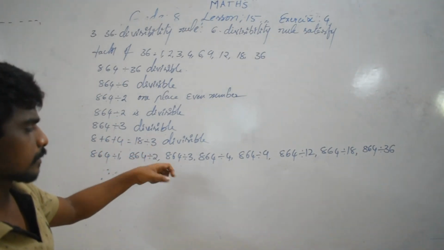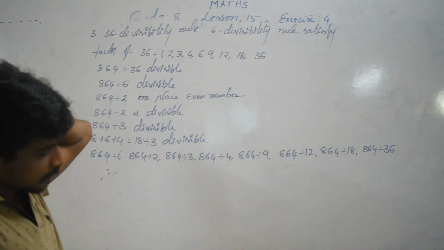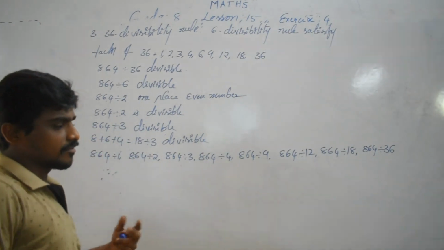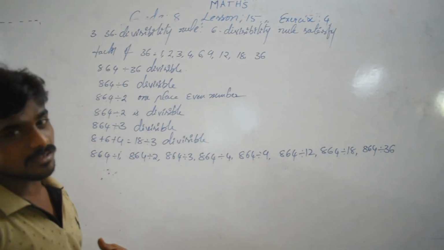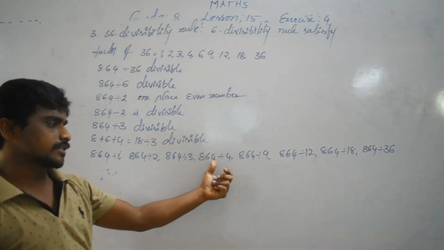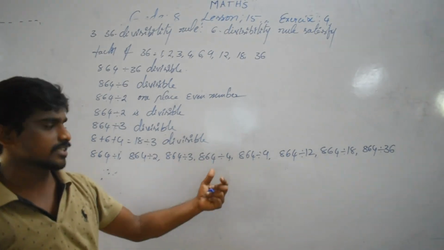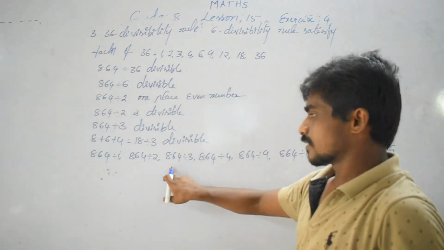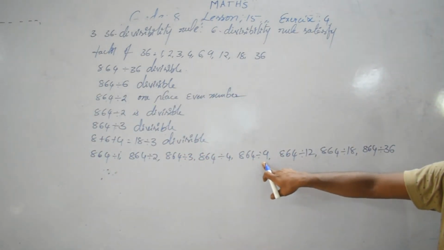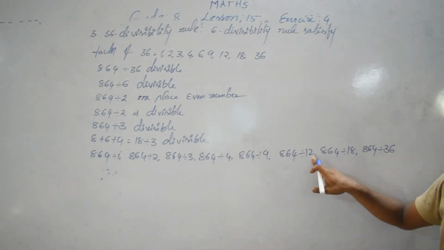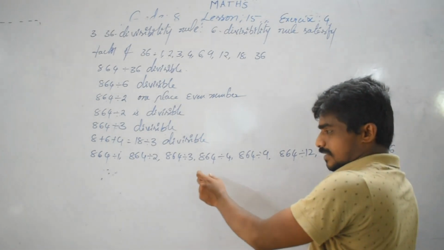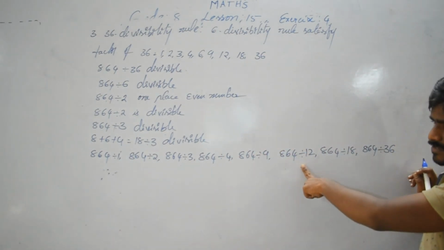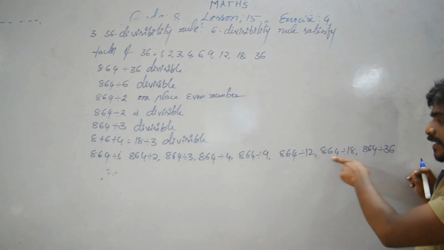3: already we proved that. 4: what is the 4 divisibility rule? If the last 2 digits form a number divisible by 4, that number is also divisible by 4. So 64, 16 times 4 is 64, divisible. What is the 9 divisibility rule? 3 divisibility rule as is, so 9 is also divisible. 12 divisibility rule: a number divisible by 3 and 4 is also divisible by 12. 18 divisible.